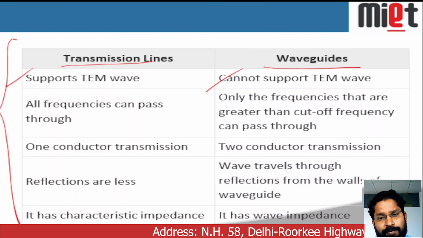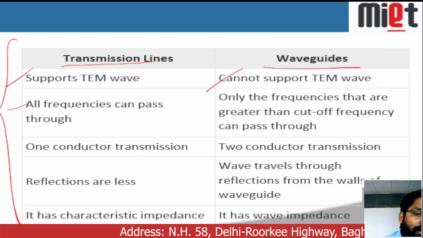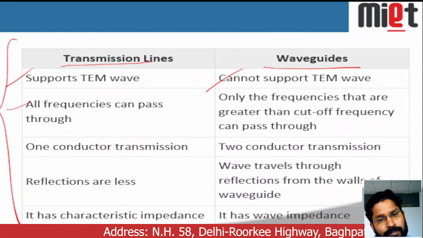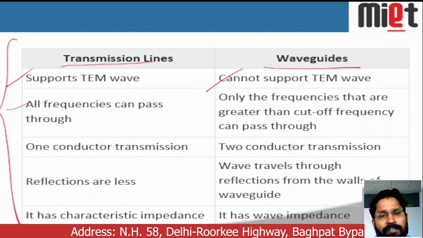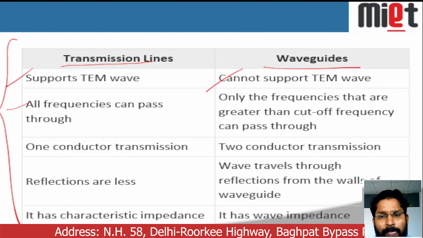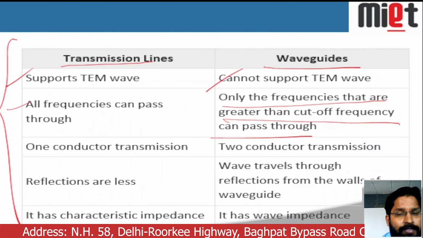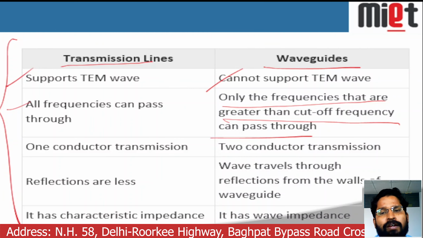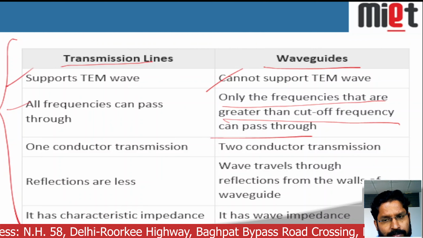The waveguide does not support it. All frequencies can pass through the transmission line and be transmitted. Only frequencies greater than the cutoff frequency can pass through the waveguide. It means the waveguide works as a high pass filter.